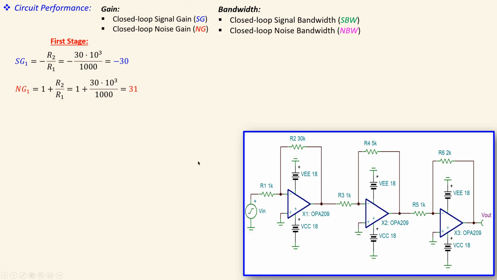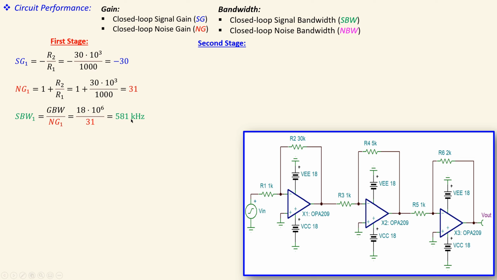You disable your input signal, and that will be 1 plus R2 over R1, the formula for the non-inverting amplifier, that will be 31. So it is in absolute sense a little larger than the signal gain. The signal bandwidth for only the first stage is the gain bandwidth product divided by the noise gain, and if you do the math here you will get very close to 581 kilohertz.